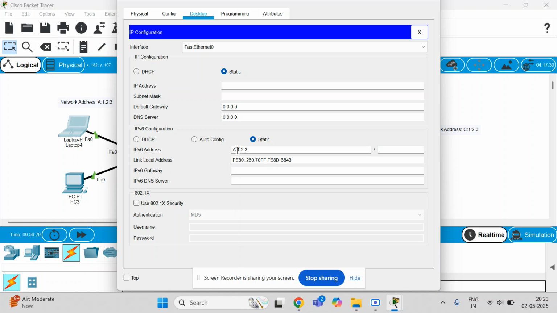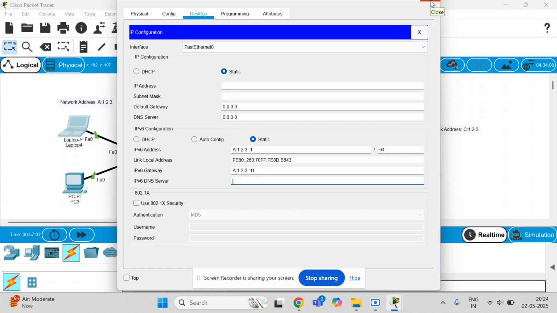Suppose I'm using zero compression, so I'm giving over here 1/64, and the gateway also we have to give. Suppose I'm giving 11 as the gateway for this LAN network, right?